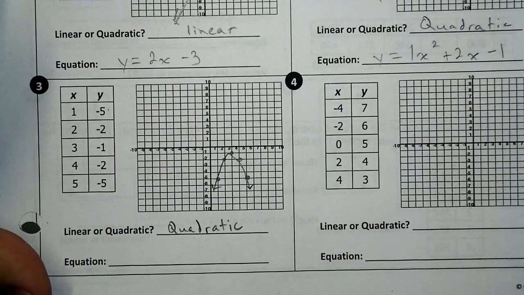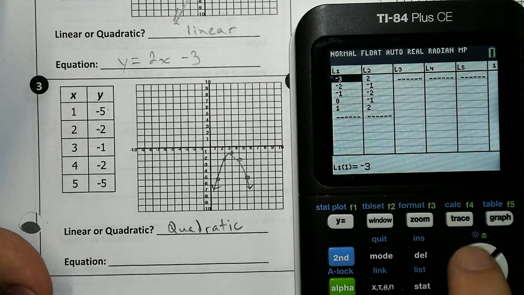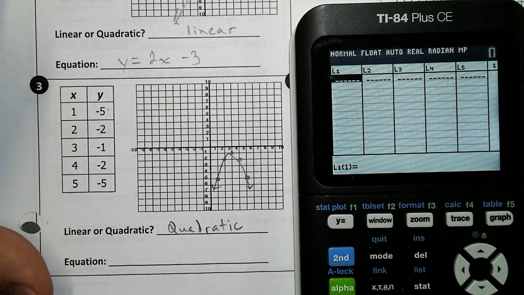Now let's get the equation. So we're going to go to stat, edit, erase your L1s and L2s, and let's type in our values. So I've got 1, 2, 3, 4, 5. For L2s, -5, -2, -1, -2, -5.